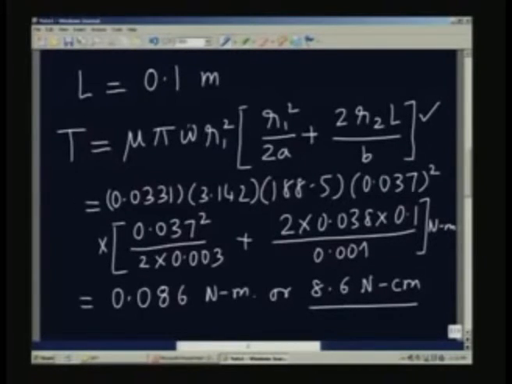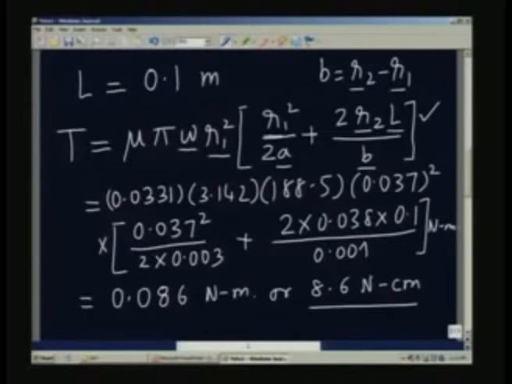The quantities which are having some error specified I will underline: omega, then R1. Again R1 here, and A is given directly, so that is also having an error. Then R2 also has some error, and L is also having error, and B itself is nothing but R2 minus R1. So, both of these have some error specified, and therefore, B is also a quantity having some error.